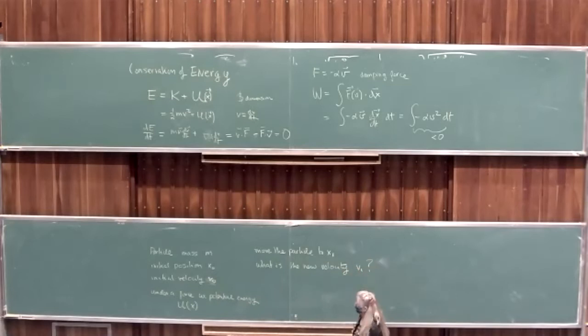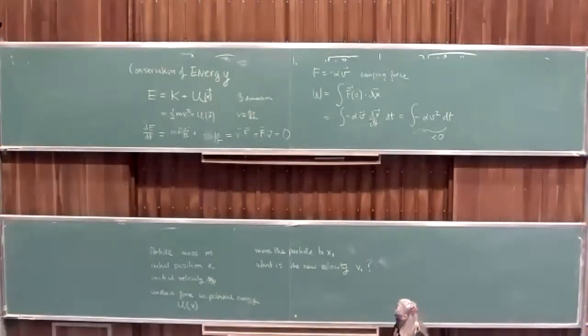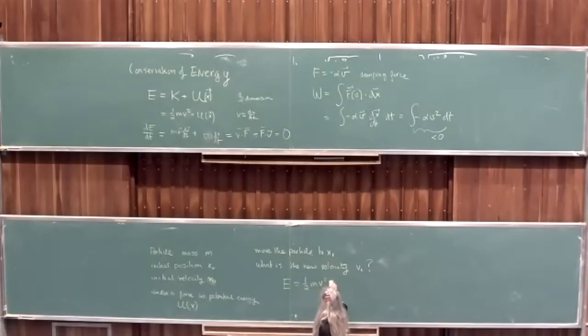So for this problem, we use the fact that energy is conserved. So energy is the kinetic energy plus potential energy. And it's not going to change as the particle moves from x0 to x1.